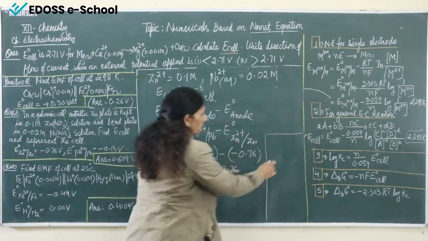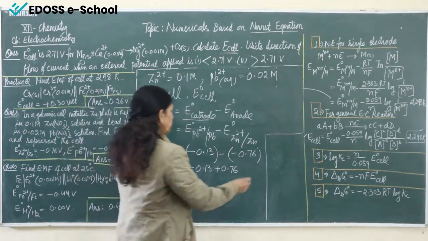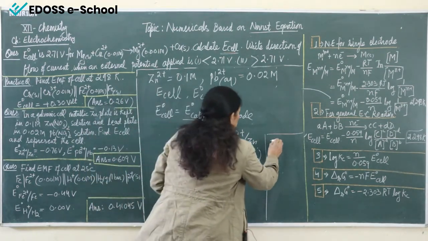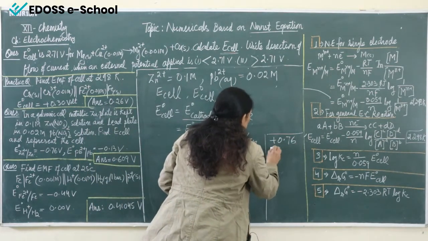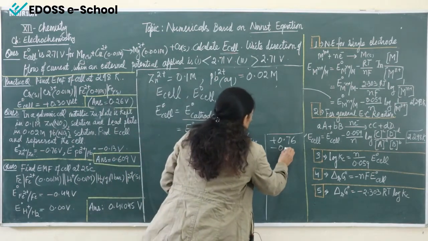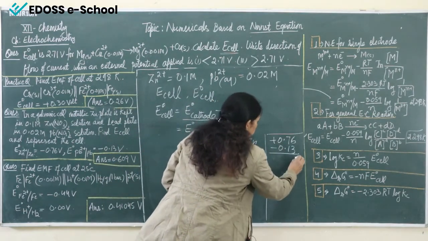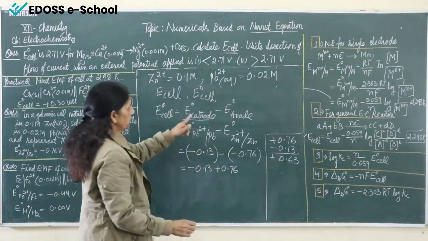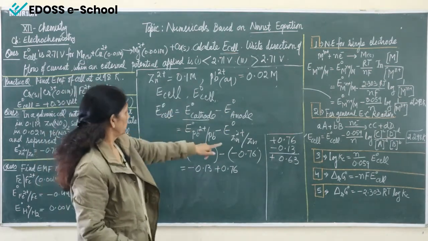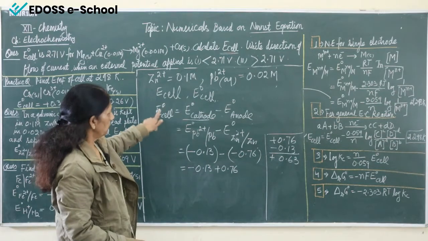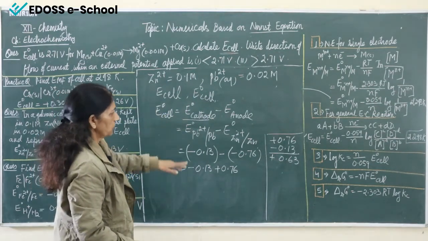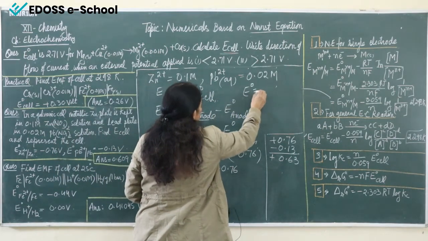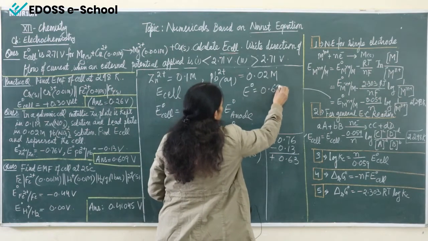Always do the rough work on the right hand side: plus 0.76 and minus 0.13, the bigger one is positive. In this way we can calculate the E naught of the cell, so E naught is equal to 0.63 volt.